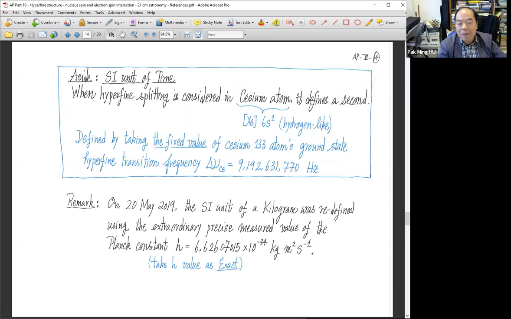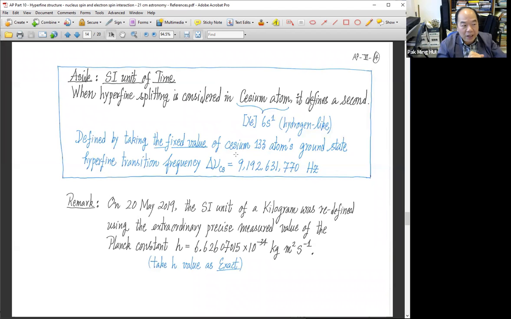Look for its hyperfine transition, the hyperfine splitting, the difference in energy, okay? And that will give you a frequency, just like our 1420 megahertz. For the cesium, it was measured to high accuracy.